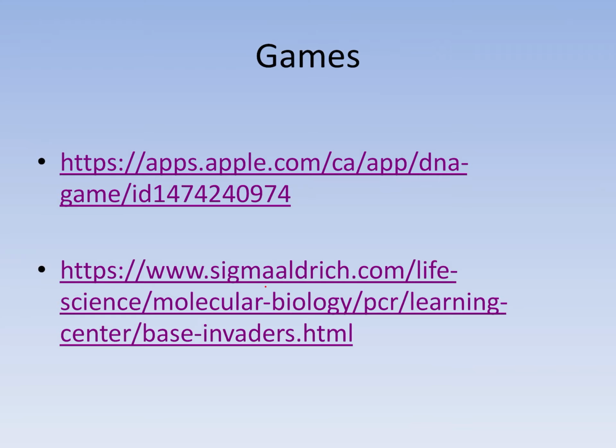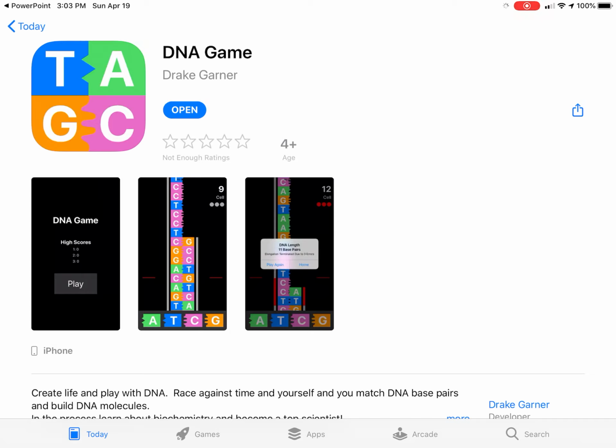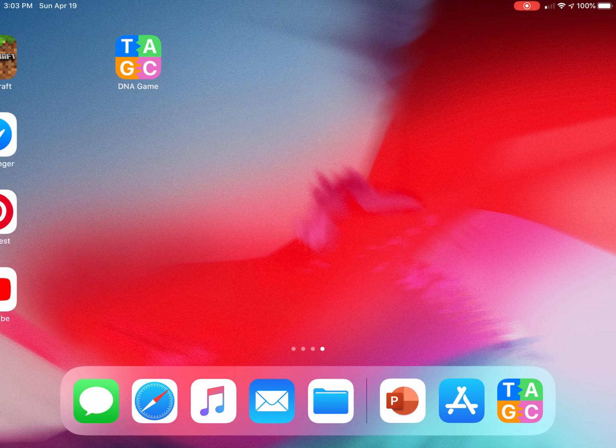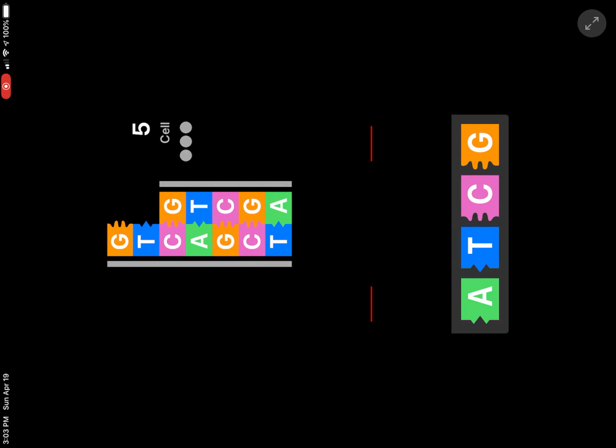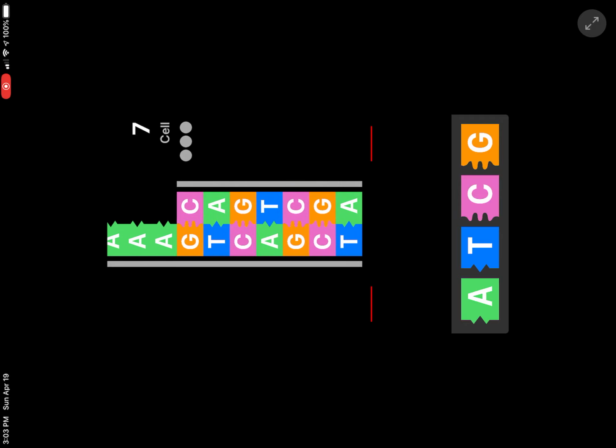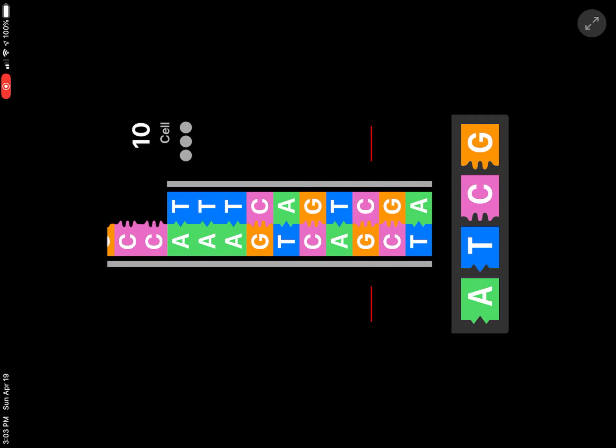You can check out that game on your own. Or there's an app. This is from Apple, so it's called the DNA Game. So there's this game, and basically you're just matching the base pairs. So it's just a way for you to remember it. Okay, so you are going to do this, and you have to line them up with each other, which you guys are probably much better than I am.